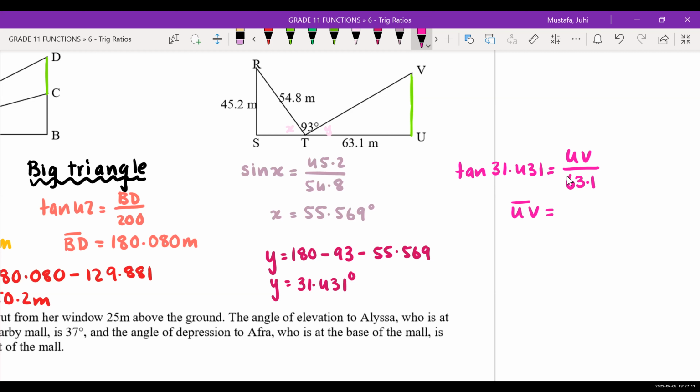And side length UV is going to be equal to tan 31.431 times 63.1. And now we're finally allowed to round it to one decimal place. So I'm getting 38.6 meters as my final answer.